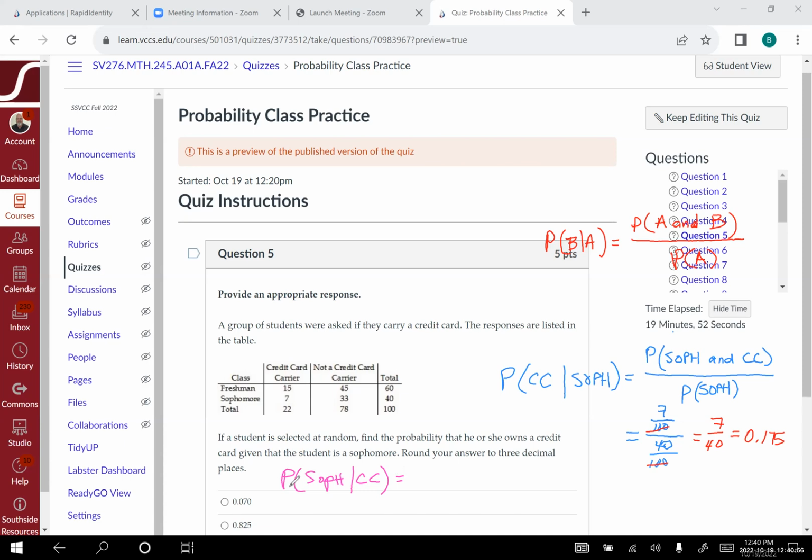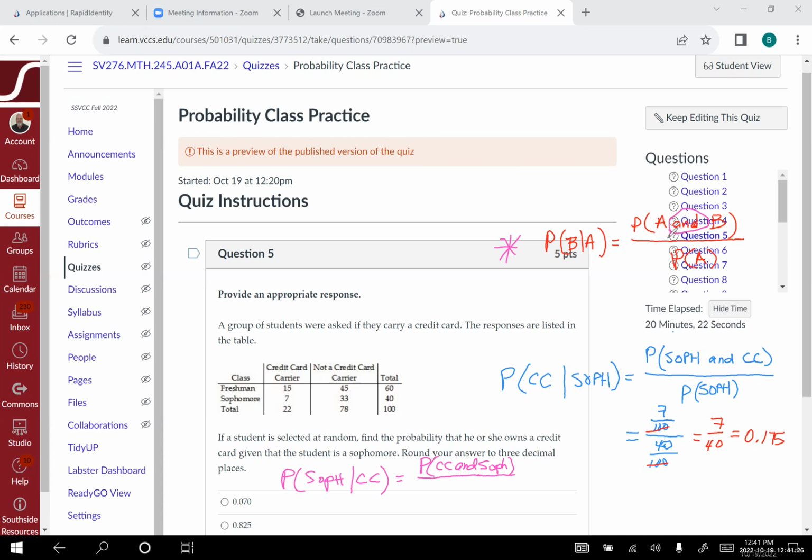Now, looking at that and using my formula up here, that would become on the top, the probability of credit card and sophomore. Now, with this logical and statement, the order there is not important.